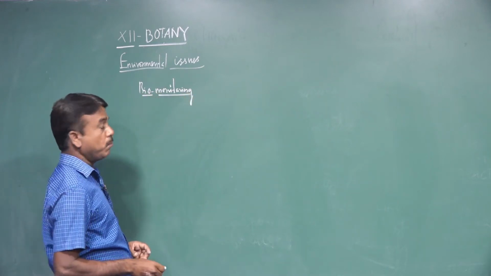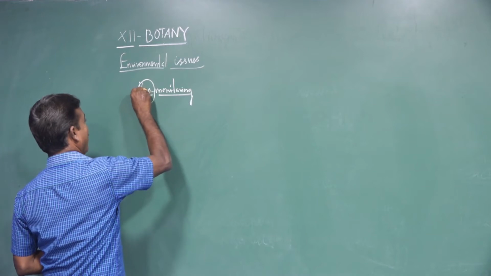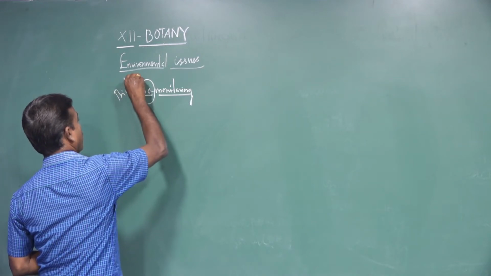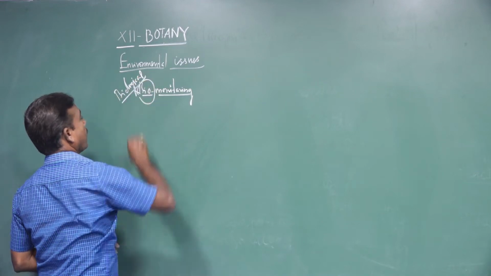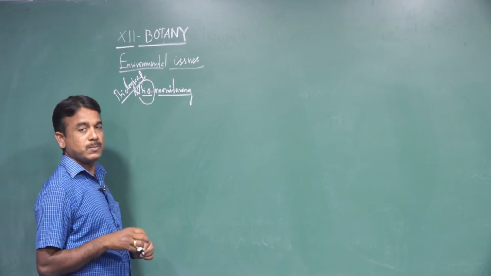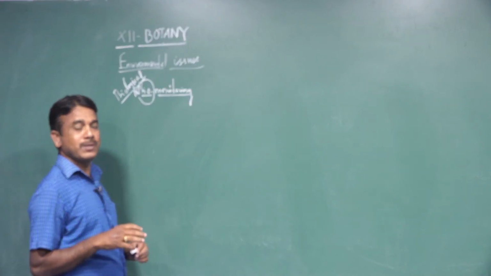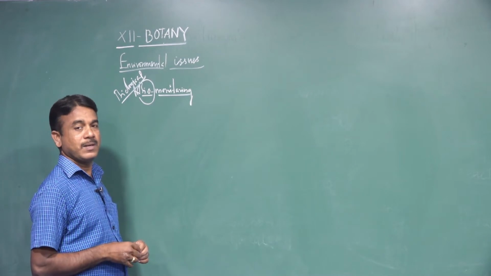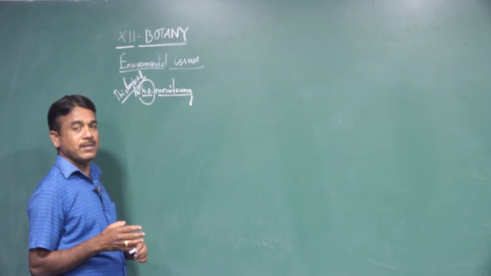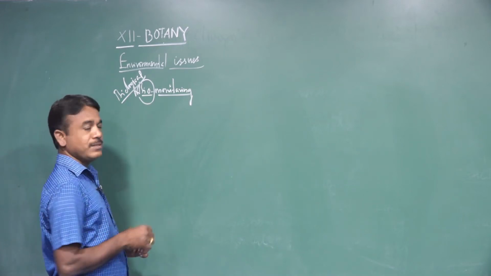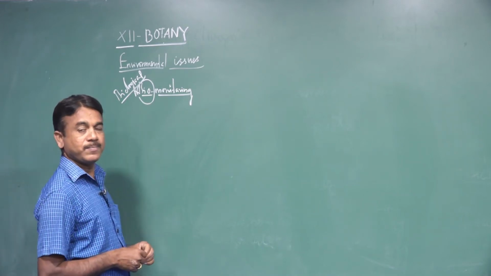What is bio? Bio means biological. A biological component must be observed. It gives some data, and based on the data, you should analyze. That is biomonitoring.